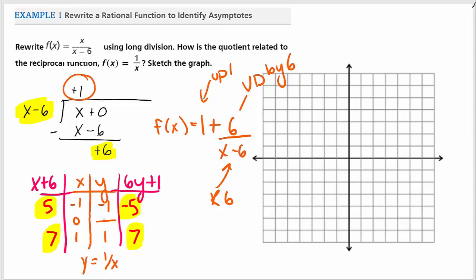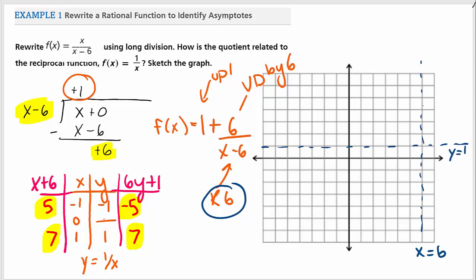I'm going to put our asymptotes on first. So the first asymptote has been shifted to the right by 6. So it's going to be right here. X is equal to 6, and then up by 1.